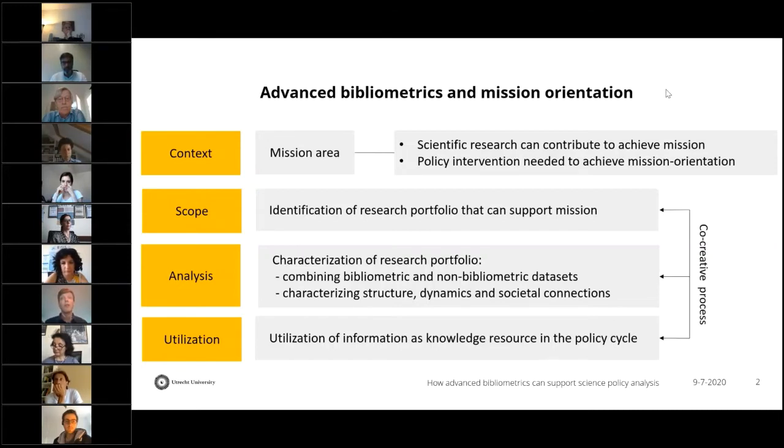And I think we covered all three of them. And then finally, this can be utilized as a knowledge resource in the policy cycle. Preferably this is done in a co-creative way, where policymakers or stakeholders are not involved at the end of the pipe, but are involved from the beginning, so already in the scoping phase as well.